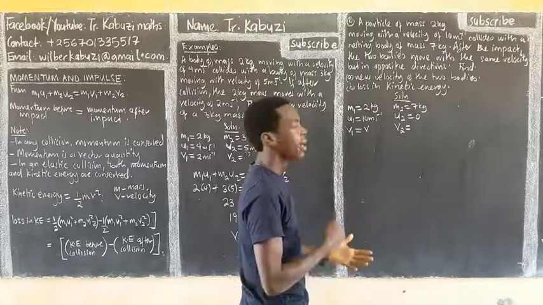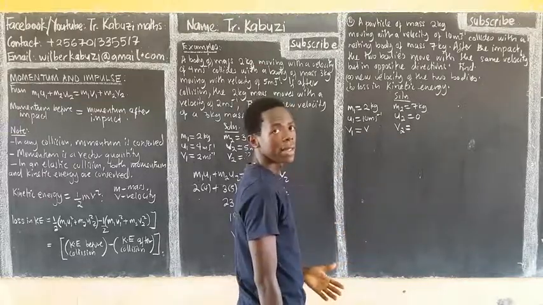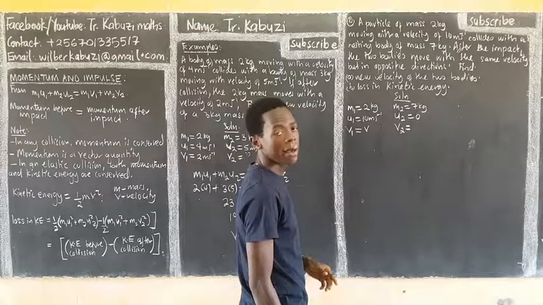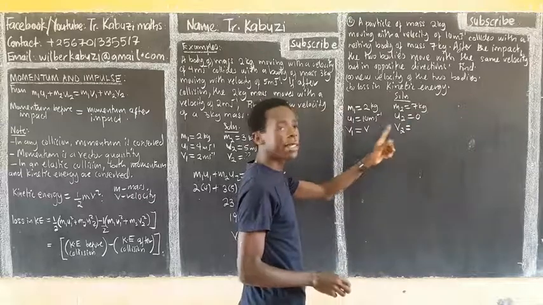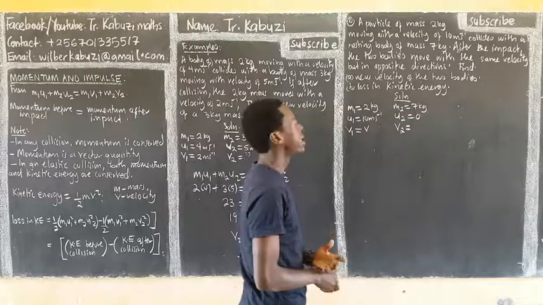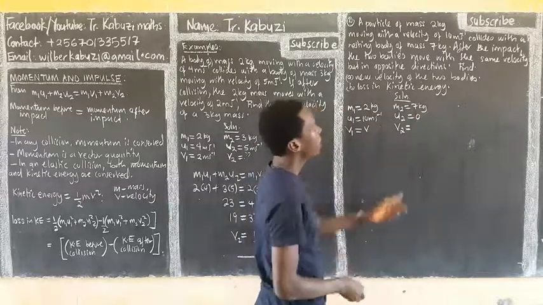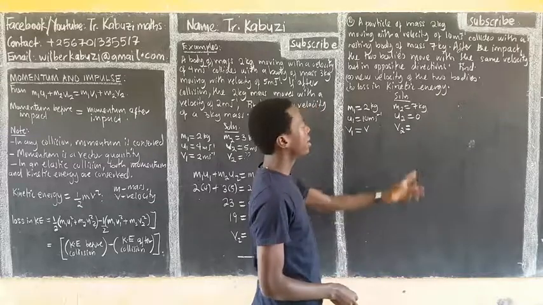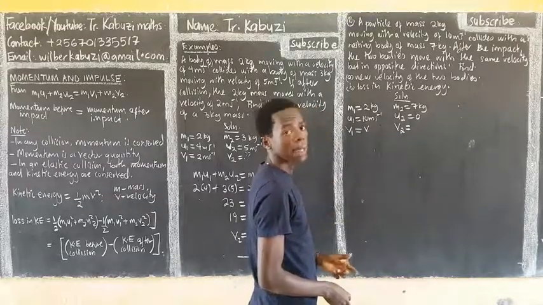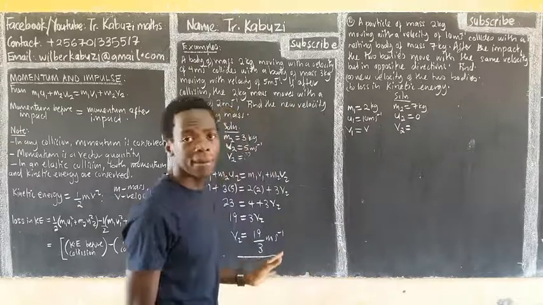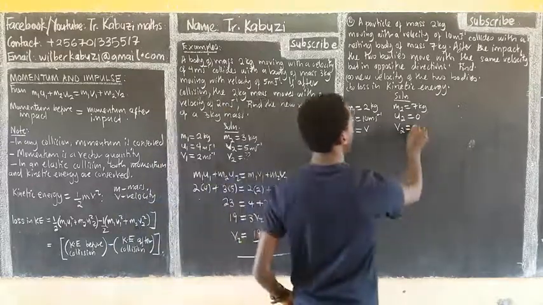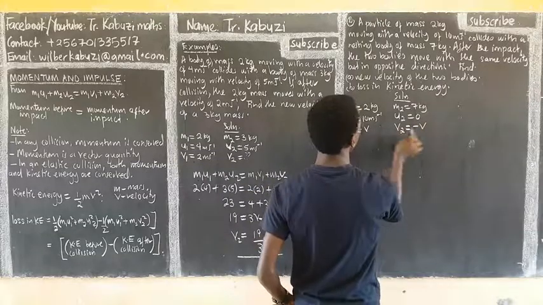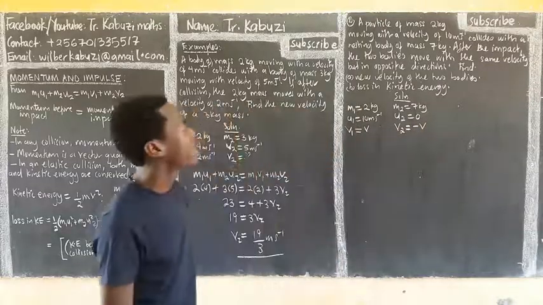If this one is V, this one is going to be negative V. As simple as that. Once you know that, the rest are very easy. So this one is going to be negative V, the same velocity, but the directions are different.